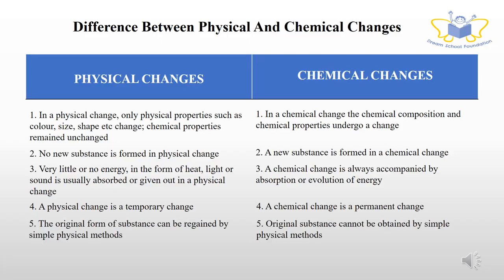Fifth, the original form of substance can be regained by simple physical methods, whereas in chemical change, it cannot be done. In most cases, physical changes are reversible and chemical changes are irreversible.